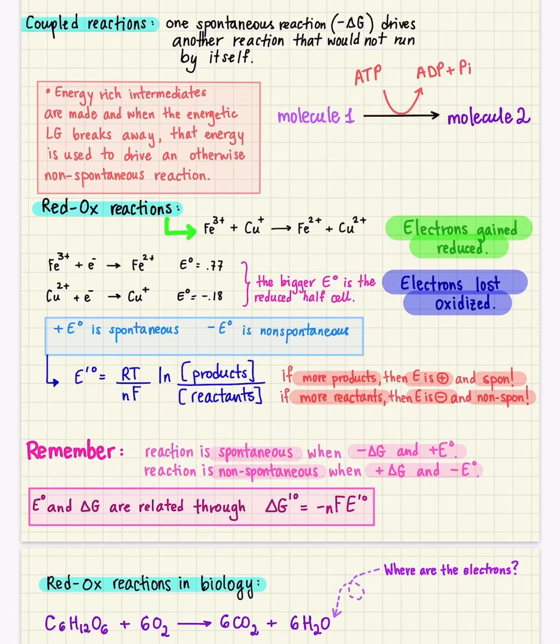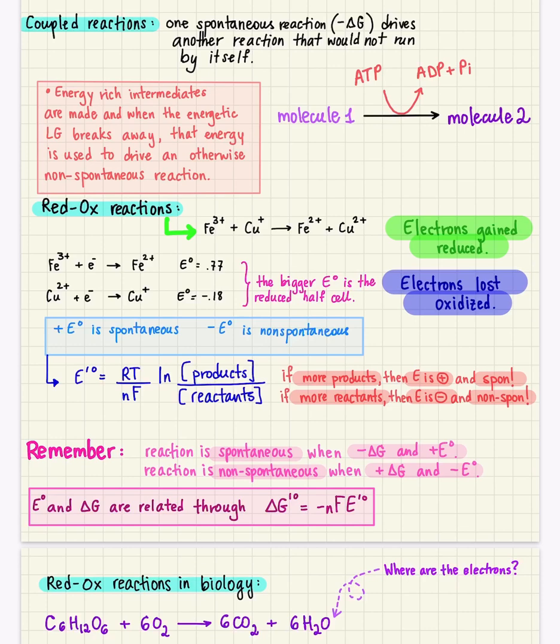When we understand this, we can also understand that there are molecules in our body, for example, intermediates, that are very highly energetic, right? They're energy-rich intermediates, meaning when these intermediate molecules are broken down, just like ATP, they release enough energy that is used to drive an otherwise non-spontaneous reaction.